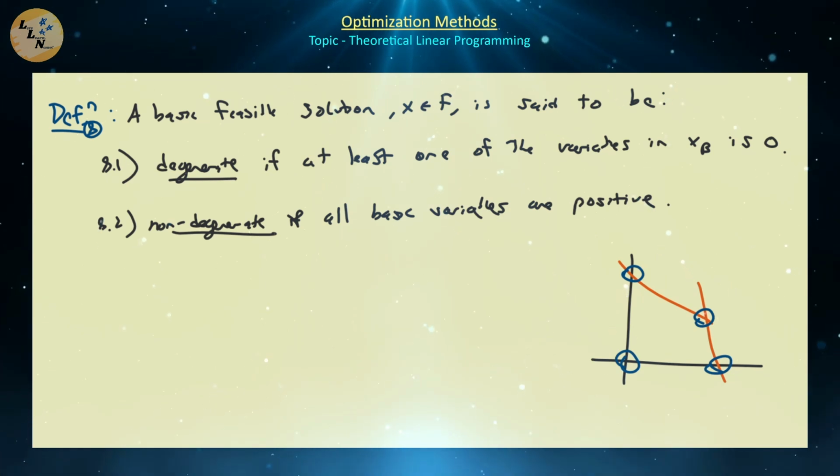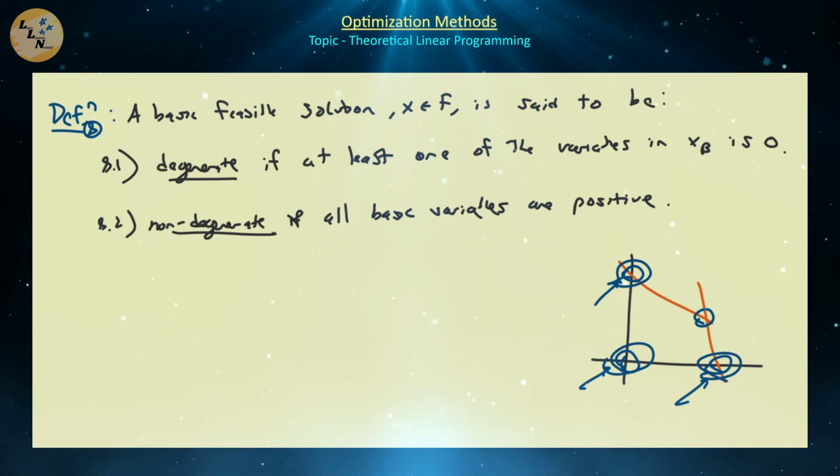But notice that, for example, at that point and that point, one of those variables is going to be 0. And at that corner point there, both are going to be equal to 0. So these points are what we call degenerate basic feasible solutions. And this point there, since it contains all positive entries in its representation, is what we call a non-degenerate basic feasible solution.